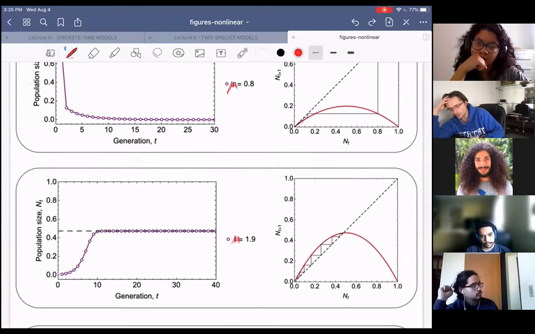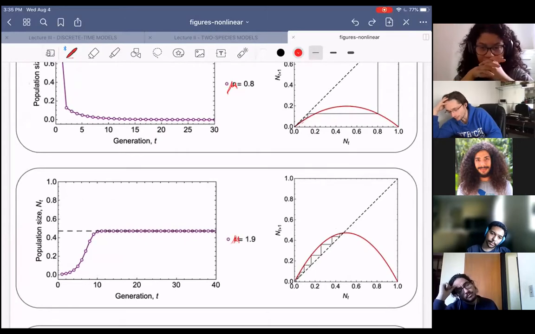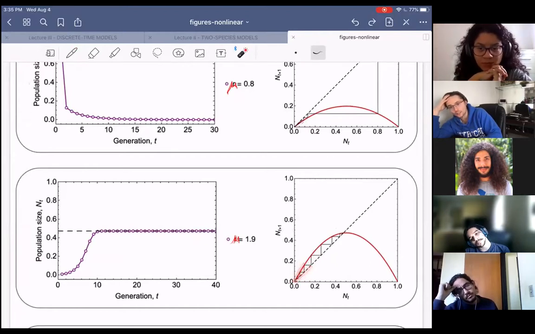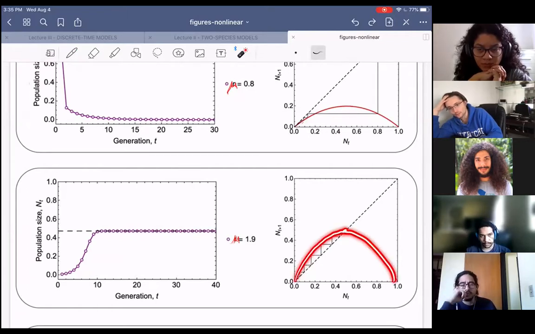Here, for a larger mu, you already see that mu is now larger than 1, which means that the slope here is steeper for the parabola than for the line. So therefore, I will always have a crossing point. This crossing point, which will be the second fixed point that we calculated, is going to be stable.